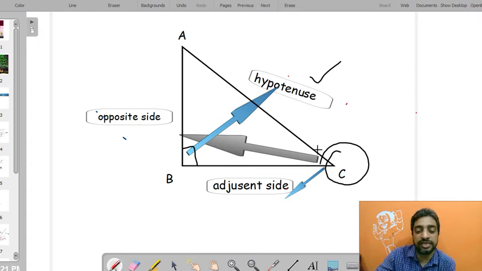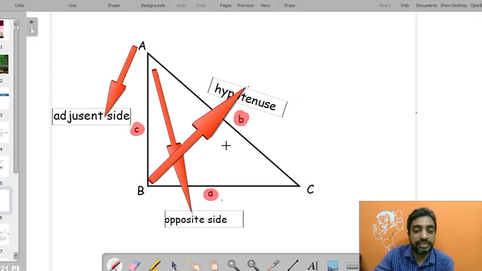The side opposite to angle C is called the opposite side, and the side just nearby C is the adjacent side. Hence three sides are there: opposite, adjacent and hypotenuse. These three are very, very important.